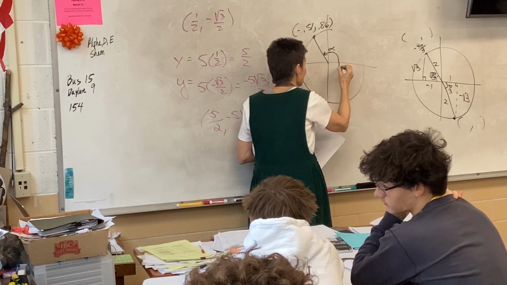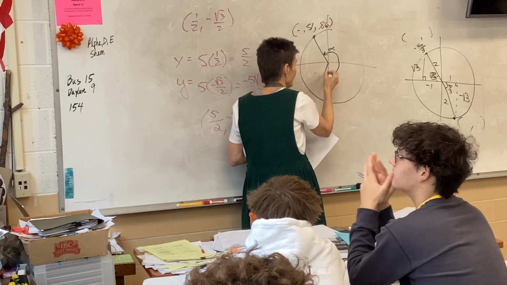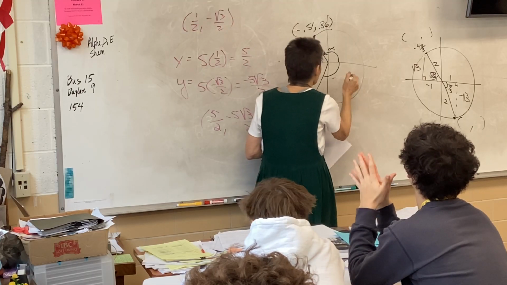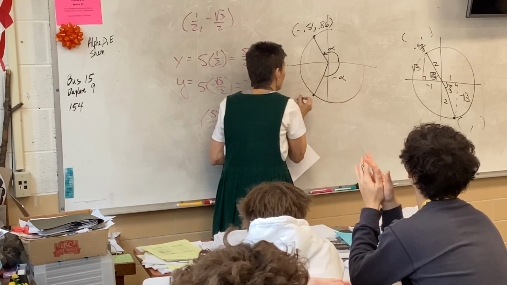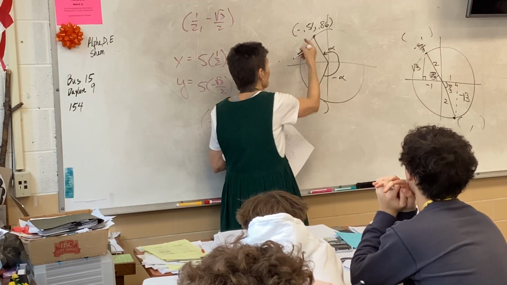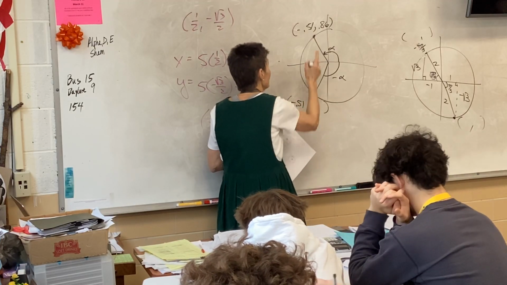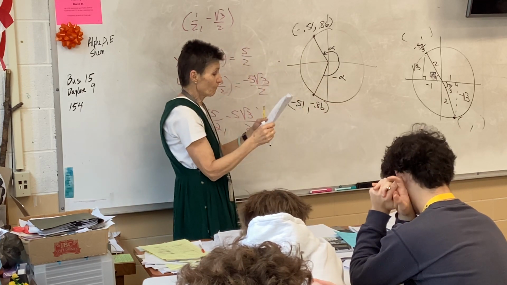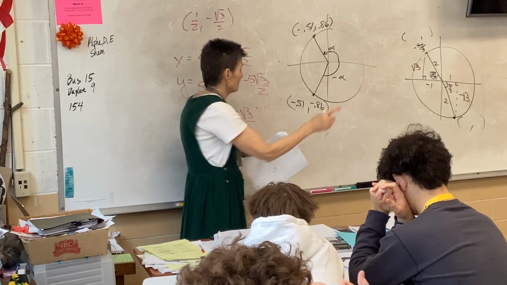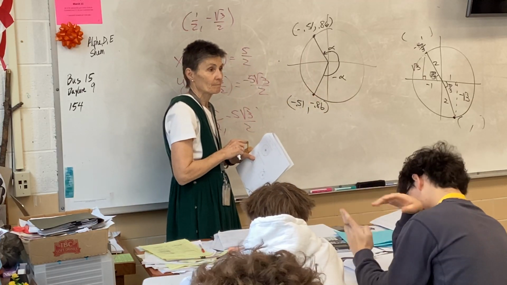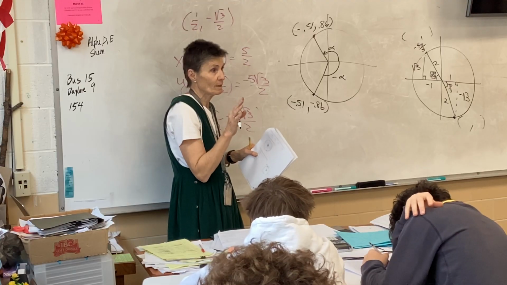Wouldn't negative alpha be right here? And what would the coordinates be for negative alpha? Negative 0.51, negative 0.86. So for problem B, the answer is negative 0.86. Does that make sense to everyone?